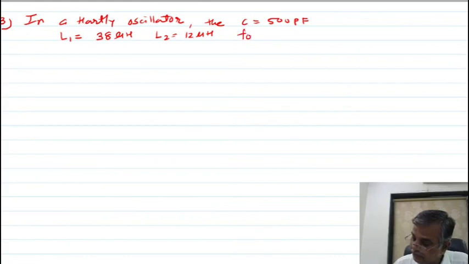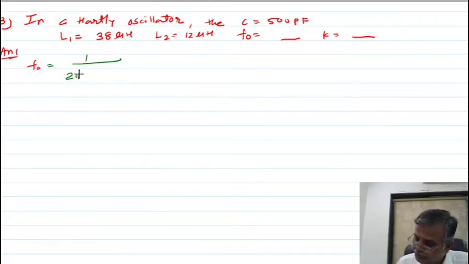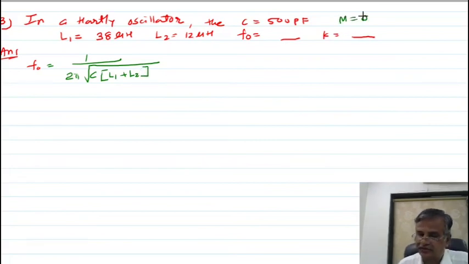Find the frequency of oscillation and feedback factor K. It's very easy. F0 equation is 1 upon 2 pi root C into (L1 plus L2 plus 2M). M is not given, so I am writing 0. So you can find the frequency of oscillation by putting in the values of C, L1 and L2.